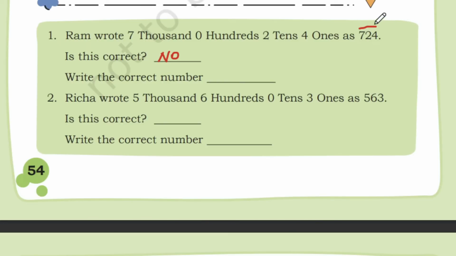So 4 is ones, 2 is tens and 7 is hundreds. So he missed the 1000 value. So it should be written like this: 7000, 2 tens it's 20, and 4. So 7024 is the correct one.